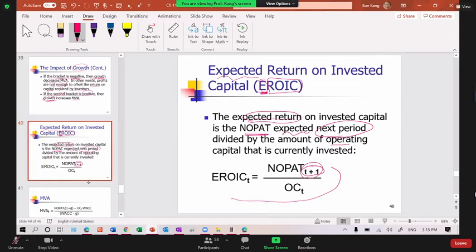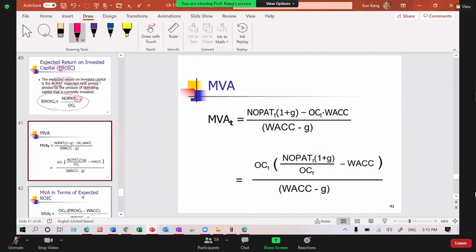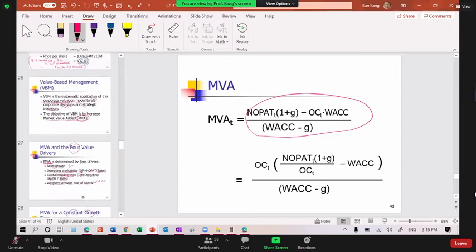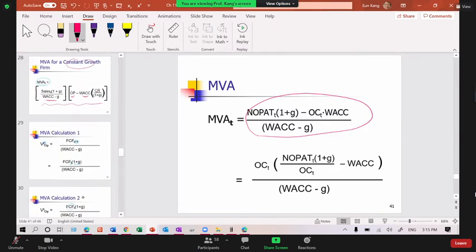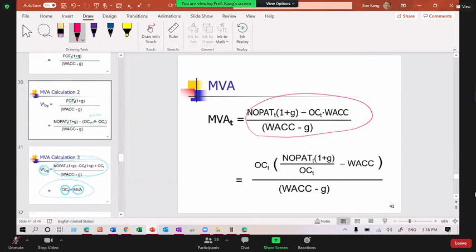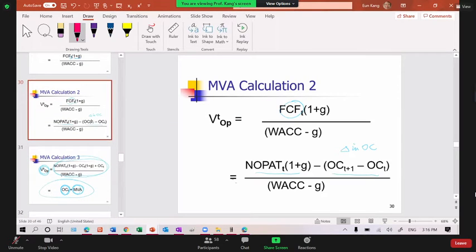So given this knowledge of expected ROIC, we can rewrite the MVA formula this way. MVA is NOPAT_t times 1 plus G minus OC_t times WACC, over WACC minus G. This is from previous slides, right?